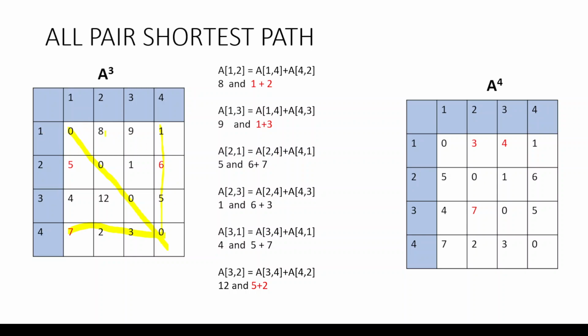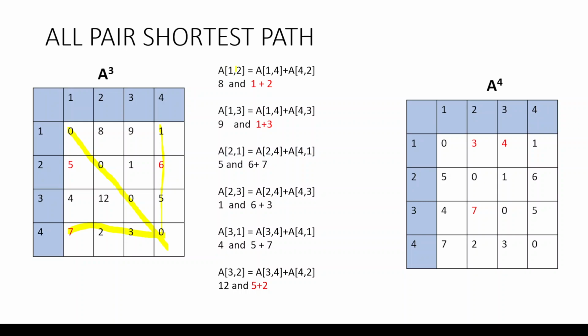So the first one is 1 comma 2. What is our intermediate node here? The intermediate node is 4 here. Between 1 and 2 there is an edge with cost 8. So we are checking if there is any shorter path from 1 to 4 and 4 to 2.